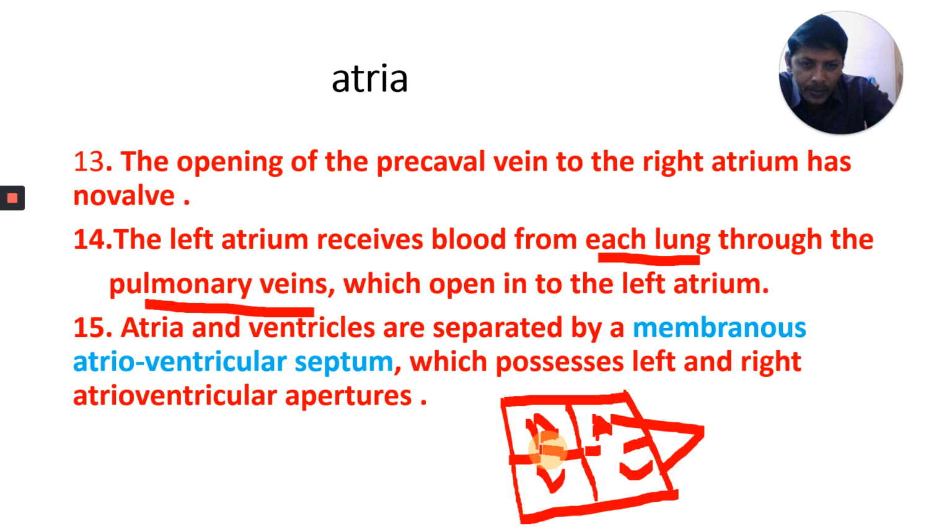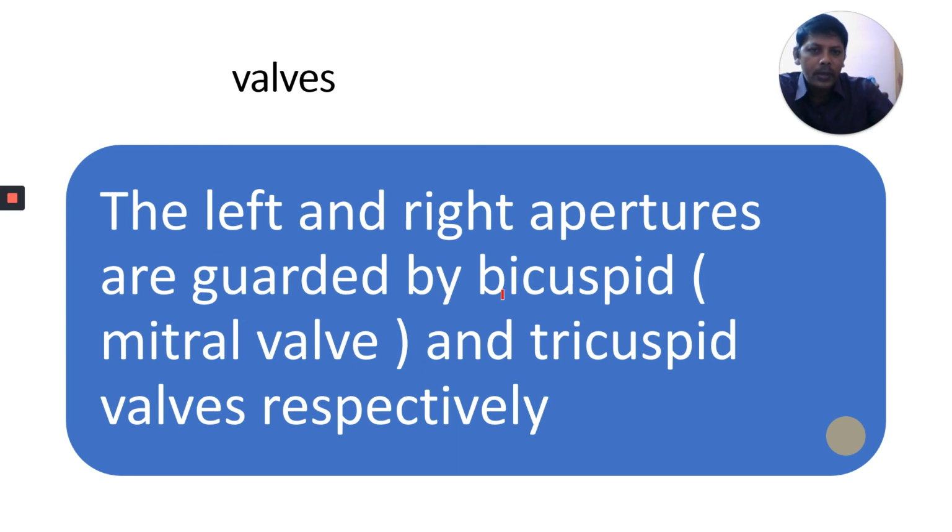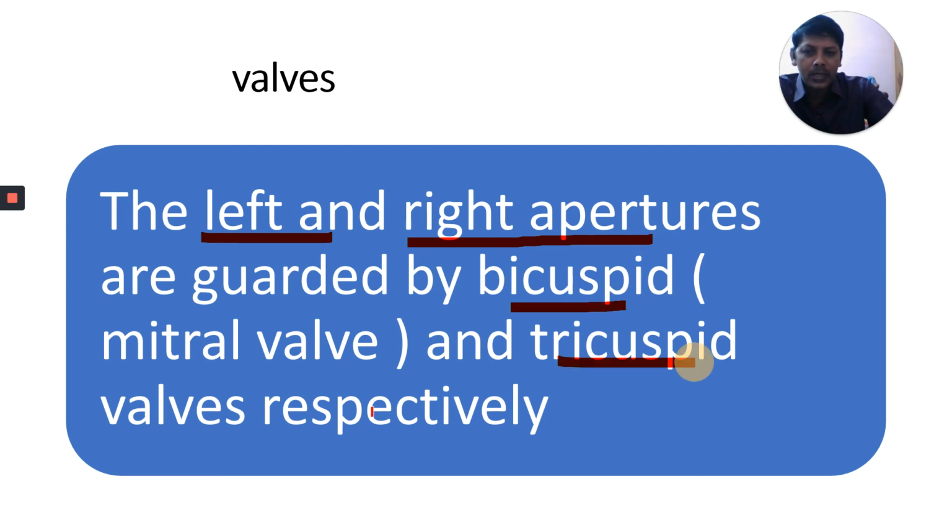Here one aperture is present, and here another. This is called the right atrioventricular aperture, and this aperture is called the left atrioventricular aperture. These apertures are guarded by valves. The left and right apertures are guarded by bicuspid and tricuspid valves respectively.